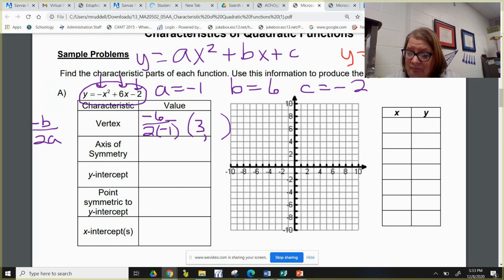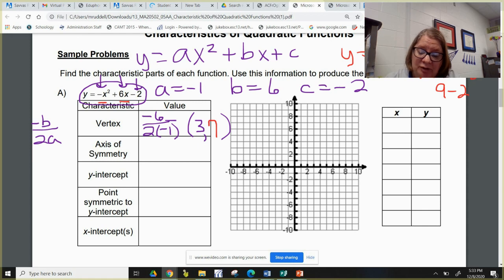So 3 squared is 9. The opposite is negative, so that makes that a -9 plus 18 minus 2. What have I done? I've taken what I got for -b over 2a and replaced each one of these x's with that 3. -9 plus 18 is 9. 9 minus 2 is 7. So that's the other part of our vertex, 3, 7.